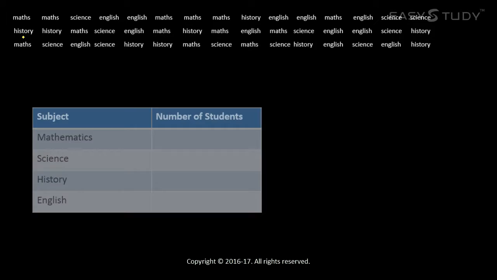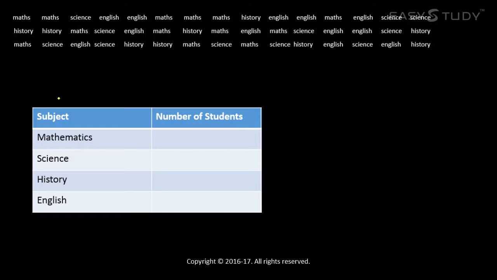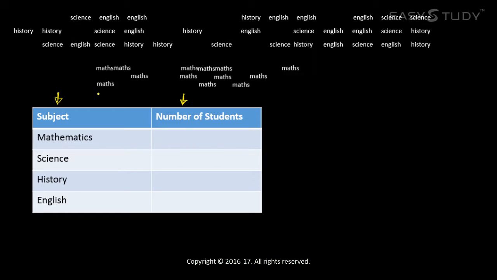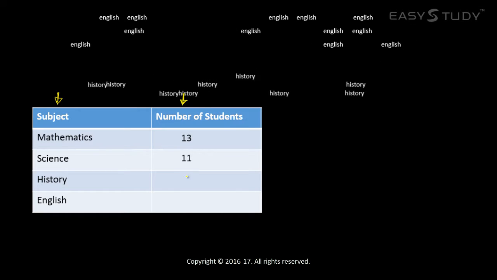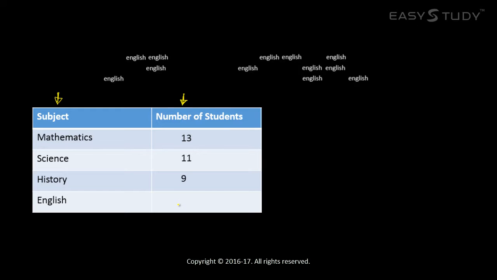Let's organize this data. Here we have a table. The left column shows the subject name and the right column shows the number of students who liked this subject. There are 13 students who liked mathematics, 11 students who liked science, 9 students who liked history and 12 students who liked English.